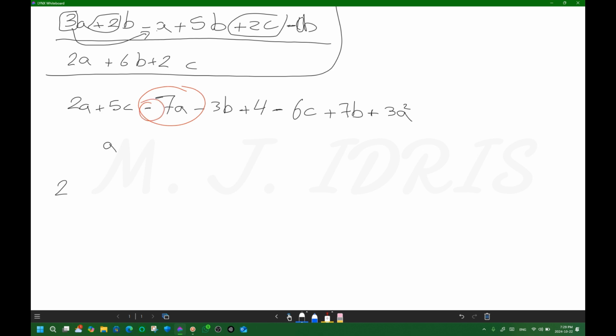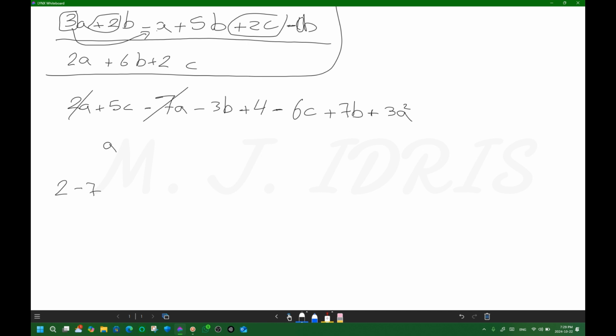Always look at the sign. This one here I cannot take because yes, it is the same letter A, but it's not the same power. This is squared. I cannot add it with A. So for A's, I only have this one and this one.